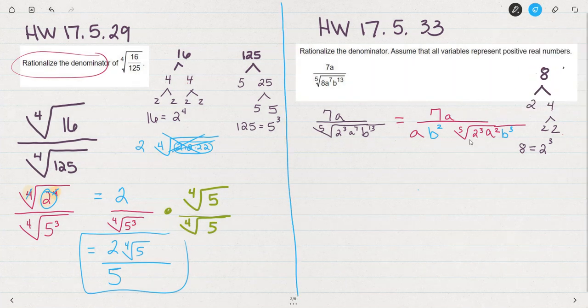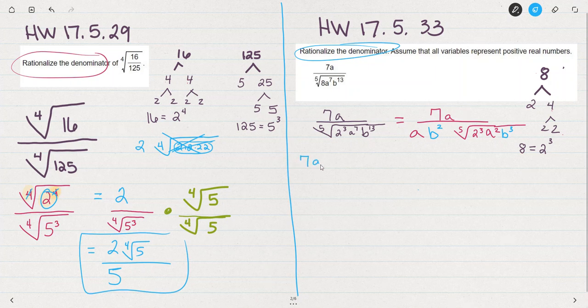When we look at this radical, rationalizing the denominator means that I've got to get rid of this radical in the denominator. I can have a radical in the numerator, I just can't have one in the denominator.